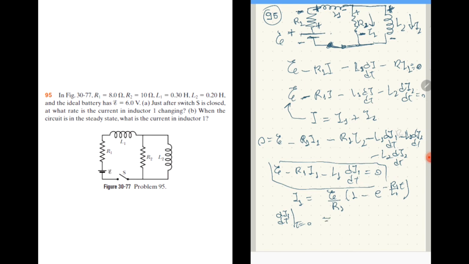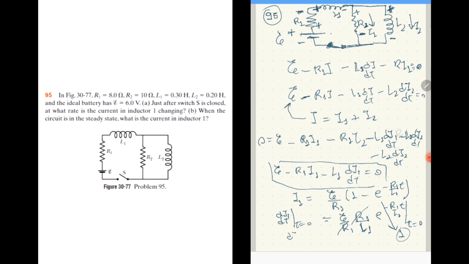When you derive this expression with respect to the time, you get minus sign with minus sign, plus sign, divided by inductance 1, and an exponential term, and this time should be 0. So this exponential term is actually 1.